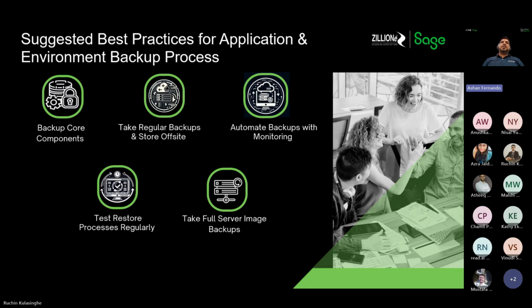If something happens and you restore this image, you are back to the state before the risk happened. Guys, there's no need to install Sage 300 and restore backups and everything. You can just go back to the beginning as it was before. So this is also the main point of taking a full image backup.